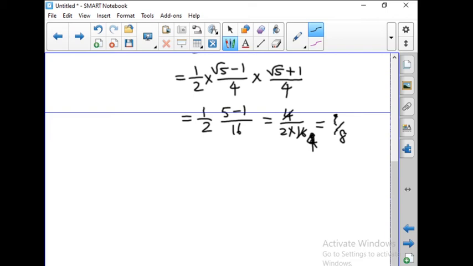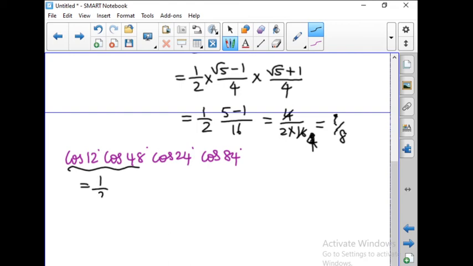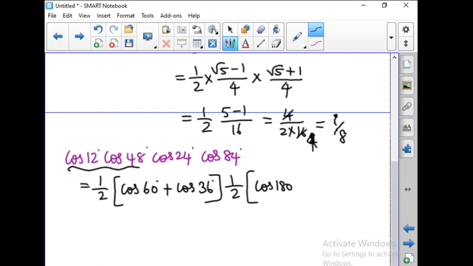Now we take the next 4 terms. The next 4 terms are cos 12, and I take cos 48 along with it, because 60 will come, so it will be easy. Next cos 24, cos 84. So for these 4 we are going to find the value. How can you find out the value for this? I am going to use the cos A cos B formula: 1 by 2 cos of A plus B, that is 60 degree, plus cos of A minus B, that is 36 degree, into 1 by 2 again cos of A plus B is cos 180 degree, plus cos of A minus B value is cos 60 degree.